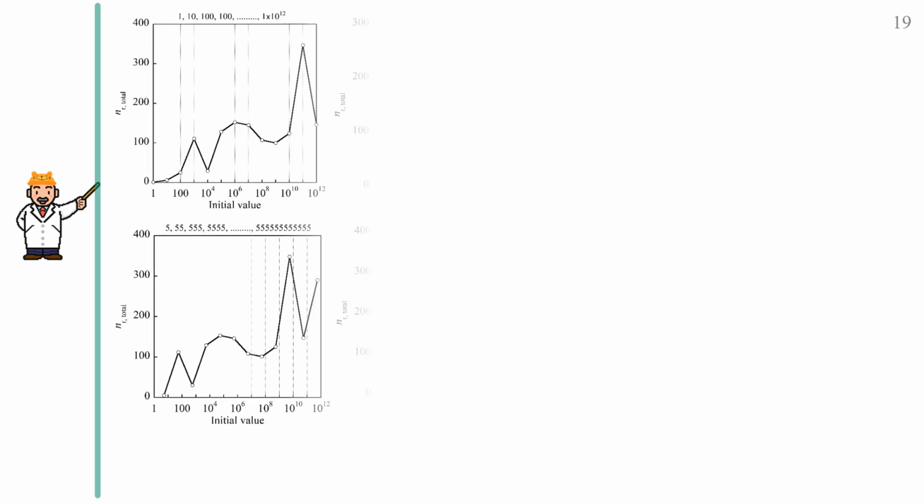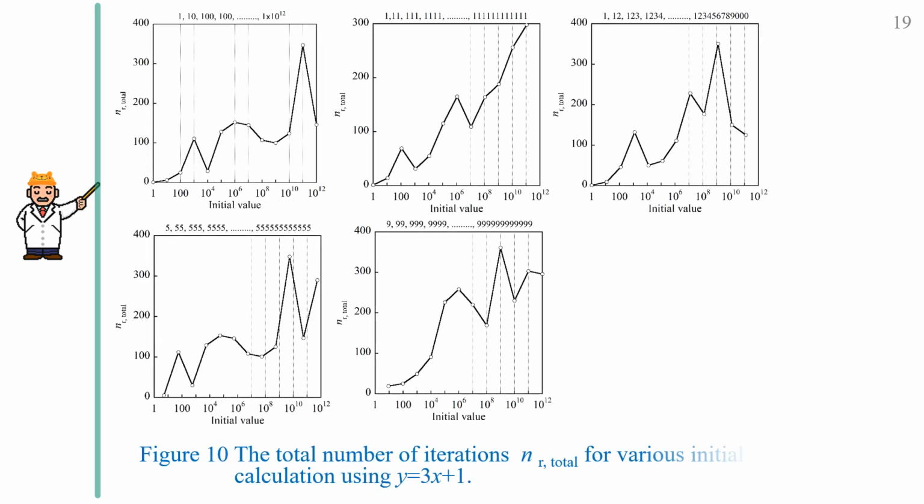Figure 10 plots the total number of iterations n_total obtained by varying n0 from 1 to 10 to the power of 12 using the TW equation y equals 3x plus 1. The number of iterations tends to increase as n0 increases. Even for very large values, such as n0 equals 10 to the power of 12, the calculation value becomes 1 in only about 400 steps.